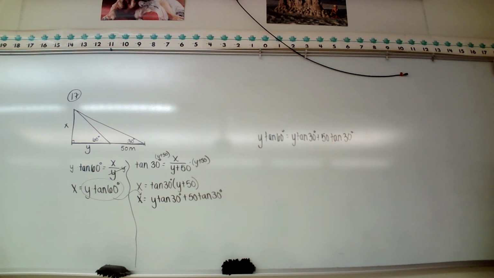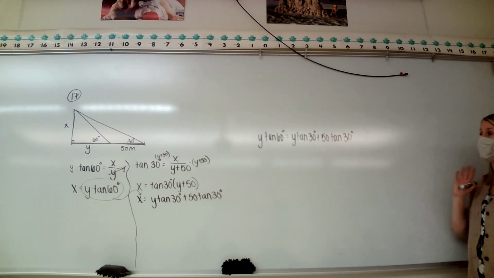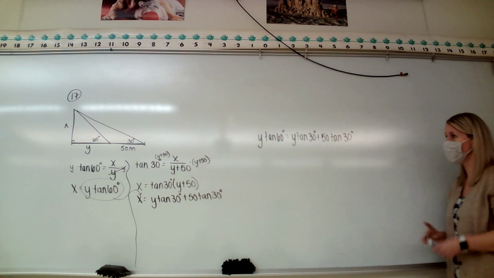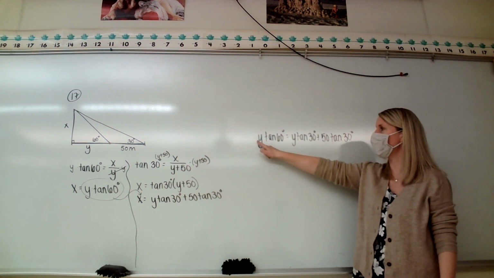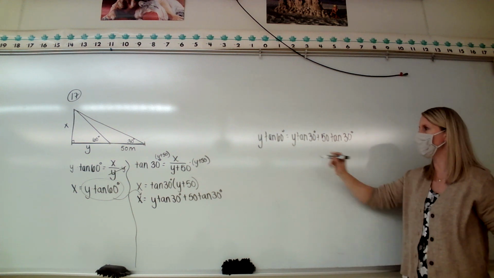All right, we're not that far off from being done, so just bear with me. Now I just have a bunch of stuff, like there's y's on both sides. I don't even really know what's happening. Our main goal is to solve for x or y. There's no x's to be found, so we're going to focus on the y's. I have a y over here on the left, and a y over here on the right. I want to get those y's together on the same side.